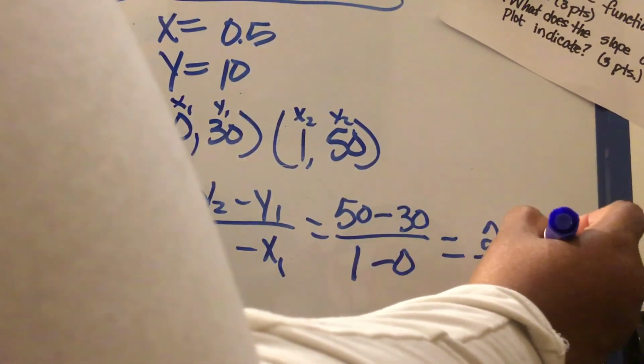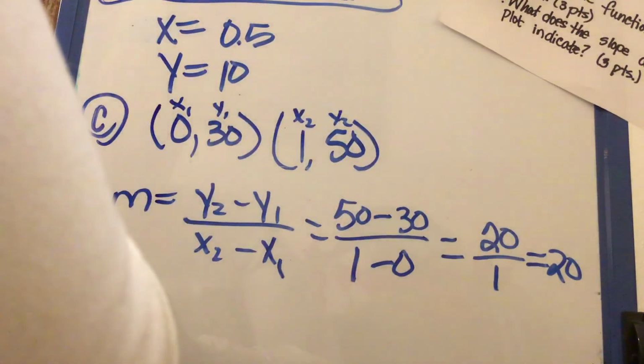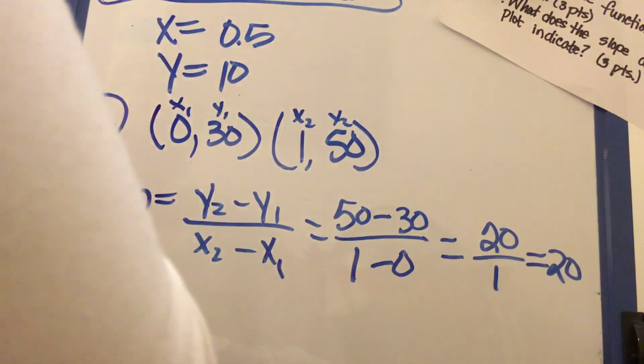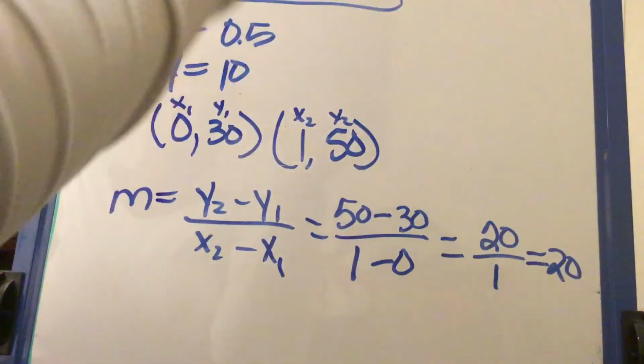So my slope is 20. Okay. My slope is 20. All right. So my y-intercept. So now I'm going to plug that in. My m is 20. Okay.